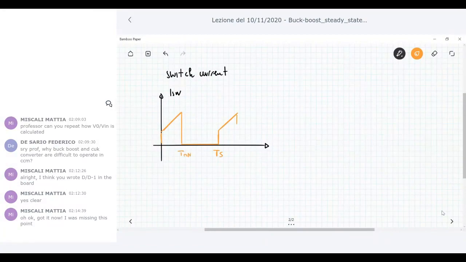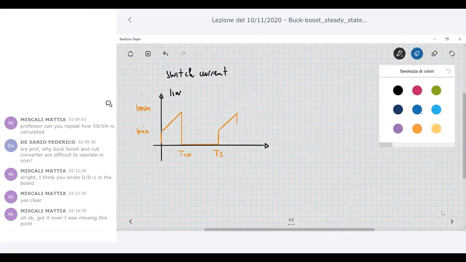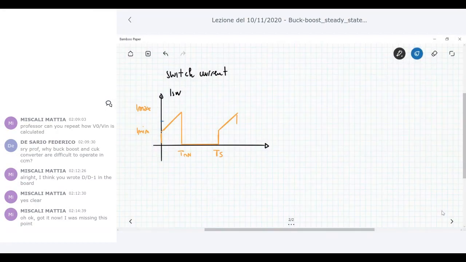Over TS, T on, it has the same peak value, Imax, of the inductor current. Here you have the minimum current. The mean value between Imax and Imin is the average value of the inductor current IL.